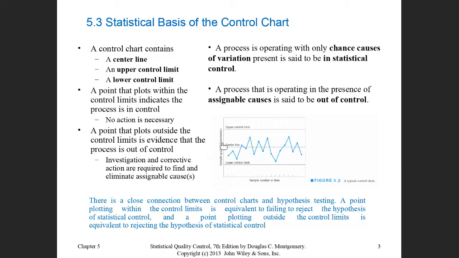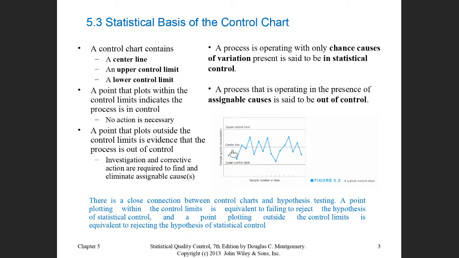Every control chart, regardless of its type or name, whether for continuous or attribute data, will contain the same boundaries: upper control limit, lower control limit, and center line.